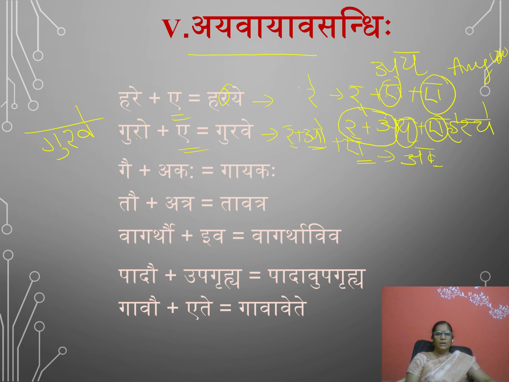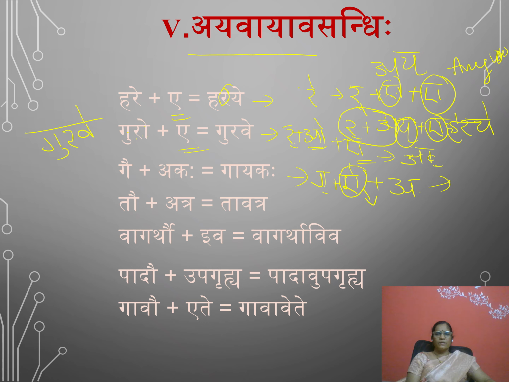Next one, gai plus akaha. Gai, in that g plus I, two letters are there, and the second word akaha, a is there. In this, if the word ends with ai, and the second word starts with any vowel, then Ayadi Sandhi will come.